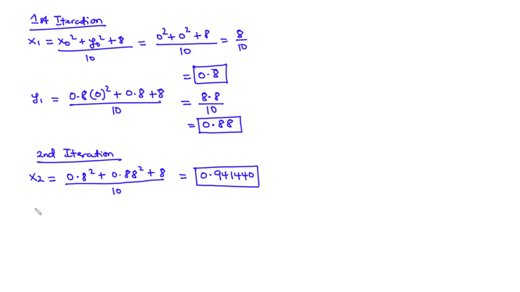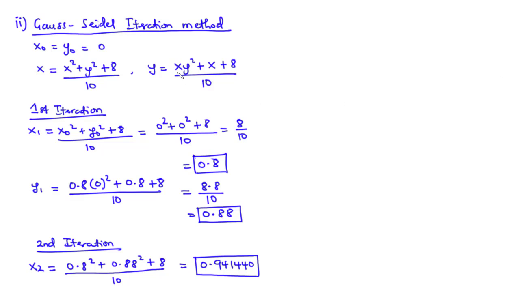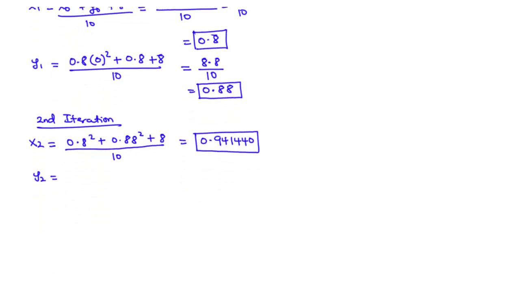Now for y2, looking at the formula, that is x y squared plus x plus 8 over 10. For the x value, you are going to use the updated x value, which is 0.941440, times the updated y value, which is 0.88, and then we have the square of it, plus the updated x value 0.941440, plus 8.